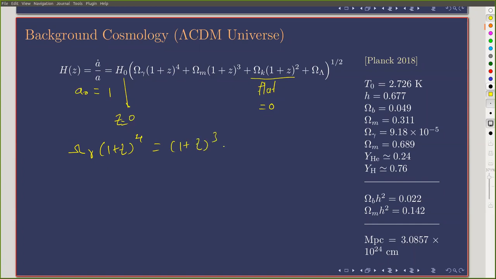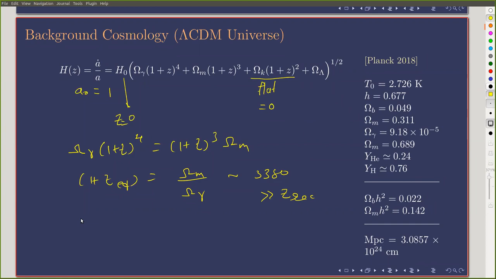We want to find when the effect of the radiation and the matter is the same. That turns out to be approximately redshift 3000, which is very large, much larger than Z recombination, Z decoupling, etc., which we have talked about, which even Shiv talked about.